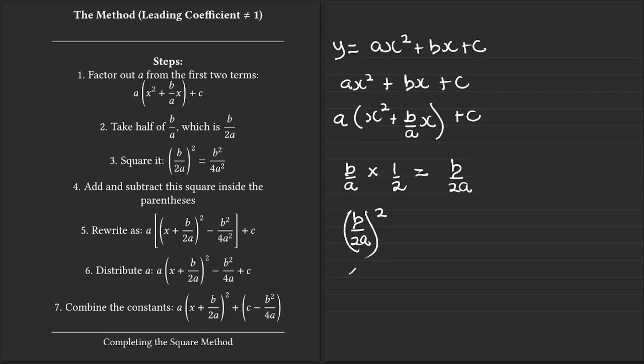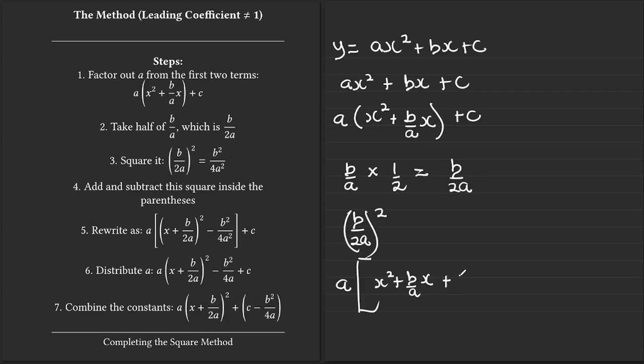So what we mean is, we have our a, then into bracket, this we have here, which was x squared plus b over a x. You see, so we want to add and subtract the square we have.